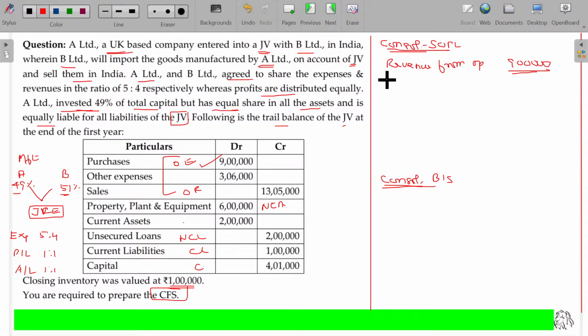Under expenses, we have purchases, material related expenses: purchases 9 lakhs, sales being 13 lakhs 5,000, and other expenses 3 lakhs 6,000.